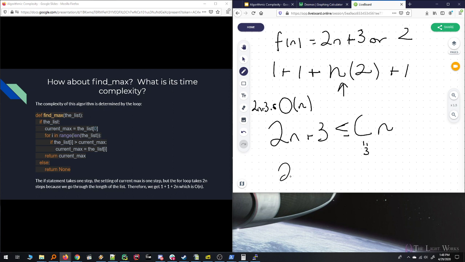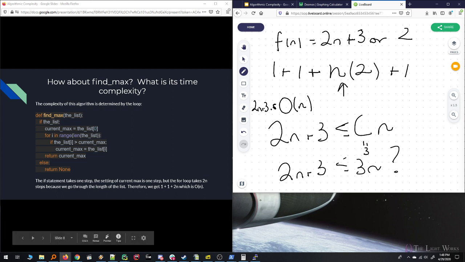So the question is, is 2n plus 3 less than or equal to 3n? And the answer is yes, because if you think about it this way, the 3n is really 2n plus n, right? And so this 2n here is going to equal this 2n here.